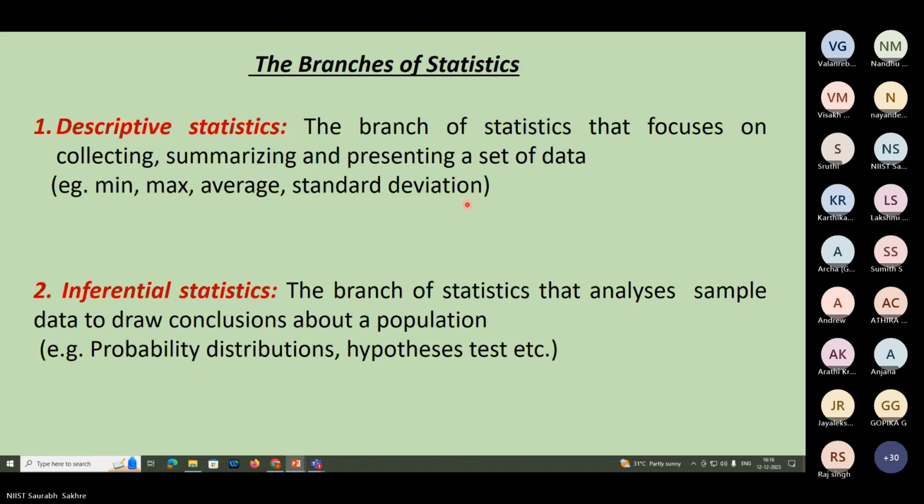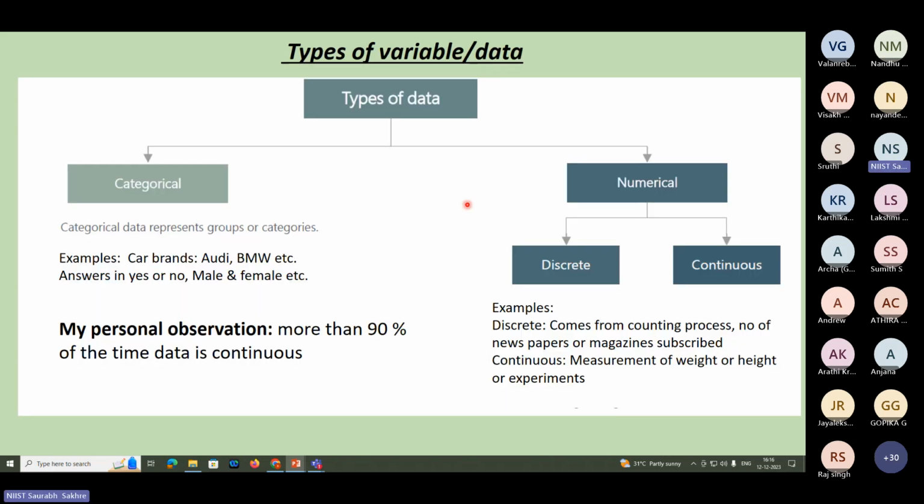Now we should understand what types of data we encounter in our daily lives, and when you are doing your PhD or any type of statistical analysis. This is very important.